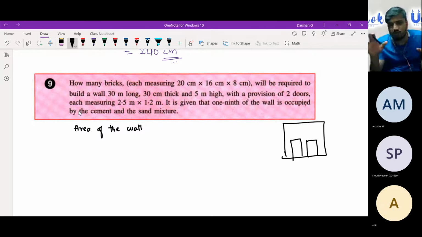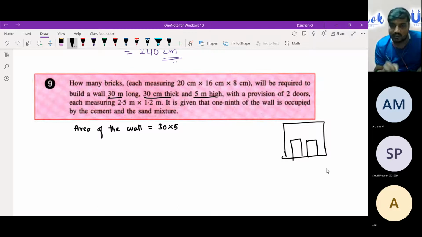So the area of the wall would be length into breadth, minus the doors. The length is 30, and the height is 5 meters. The thickness they have wantedly kept here so that you can go around. So length into height is 30 into 5. That's the complete wall.